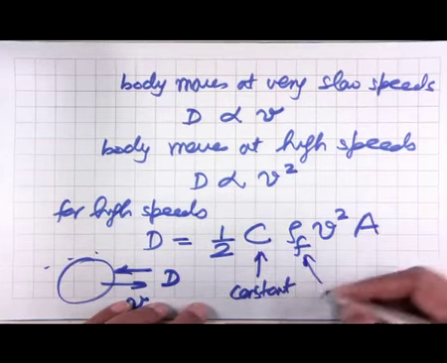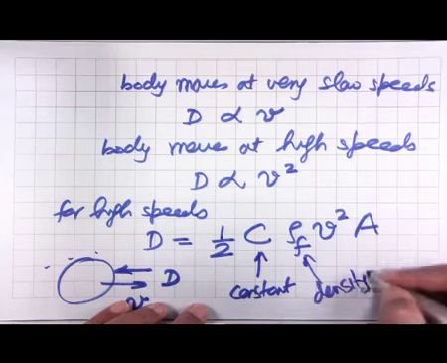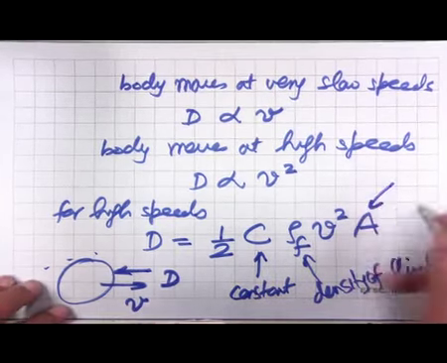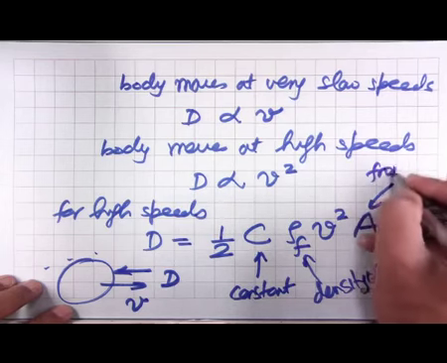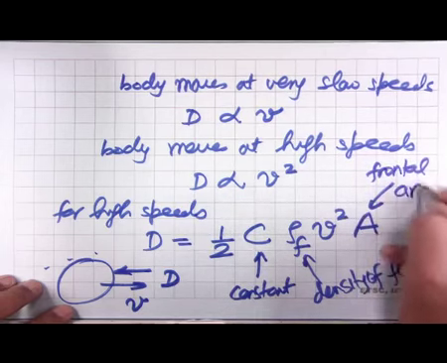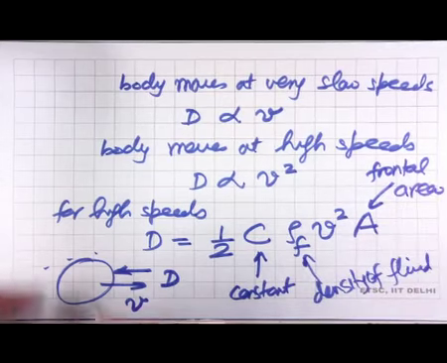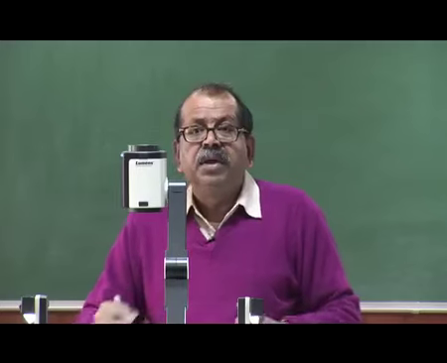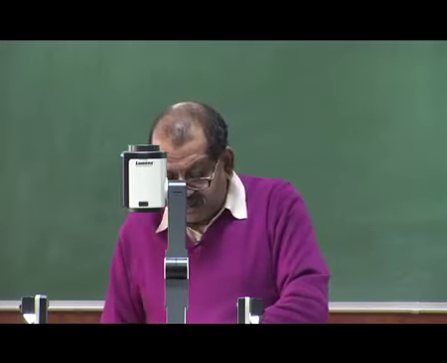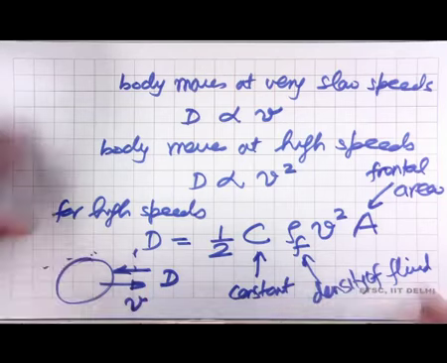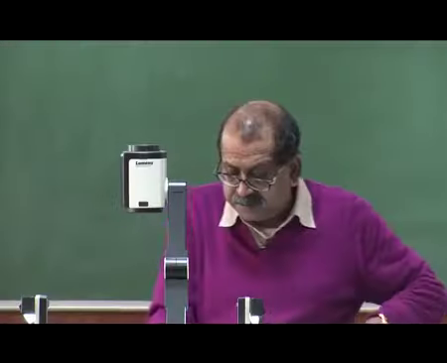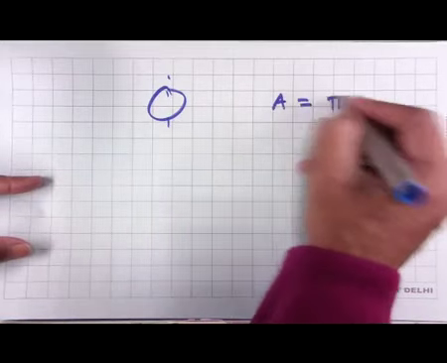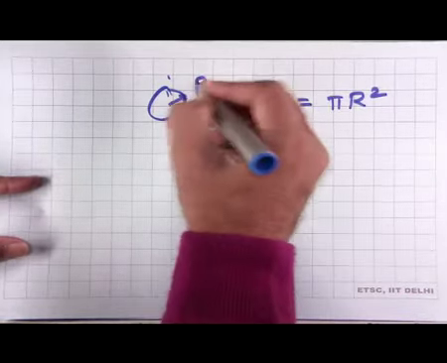Rho of the fluid is the density of the surrounding fluid, and in general this A is the frontal area of the body, which means if we project the body on a plane, the area will be given by A. So, for example, if the body is a sphere, then the area A will be equal to pi r square, where r is the radius of the sphere.